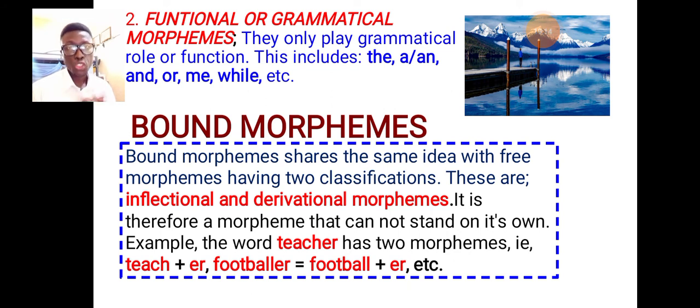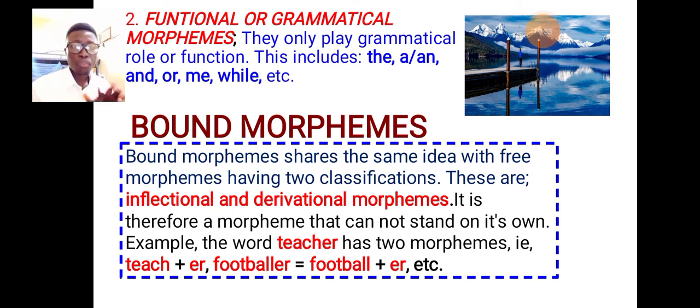That is teach. Initially, it was what? A noun, but it has changed to become what? Teach. Now, mind you, this will come in somewhere under the free morpheme as we go on. Now, let's move on.